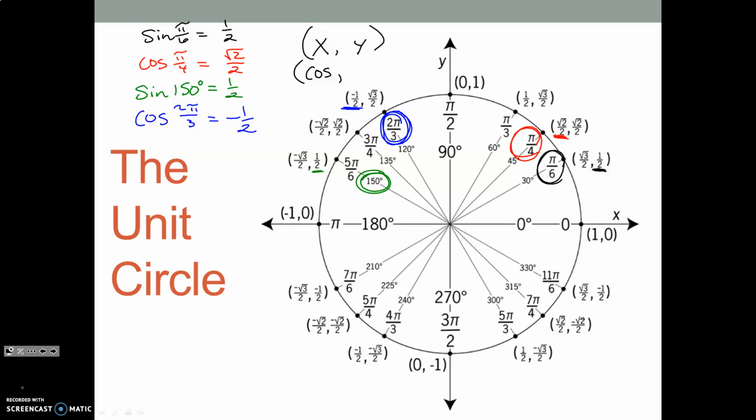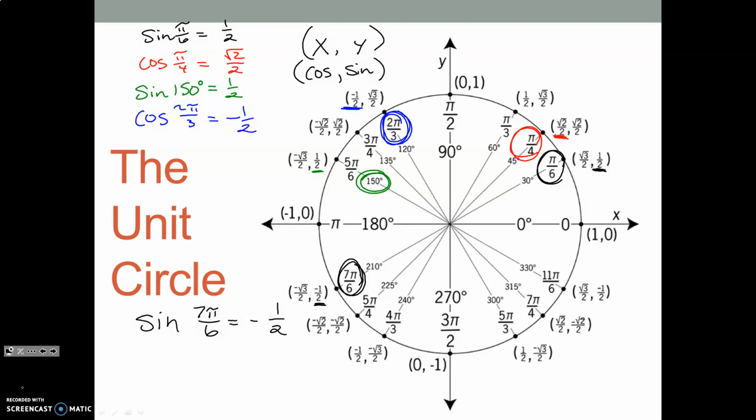So your y value matches up with your sine. Say I wanted to come up with a completely different one. Say I want to know, what is sine of 7 pi over 6? Well, I can go to my chart here, my 7 pi over 6, my sine is going to be the y value, so that would be negative 1/2.